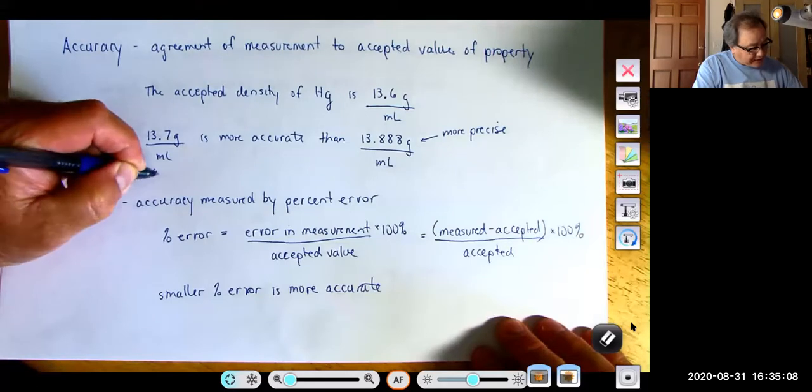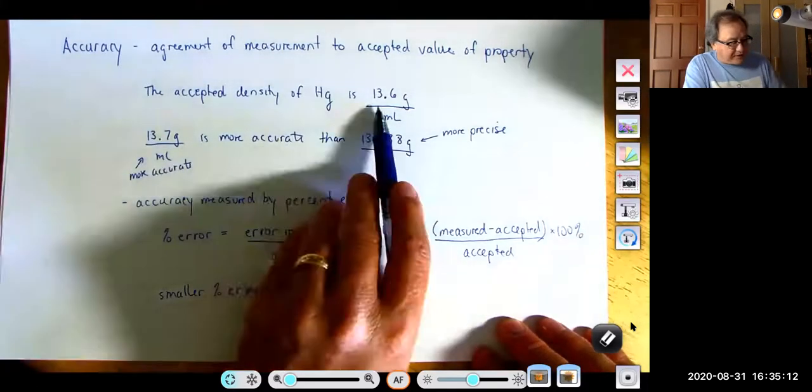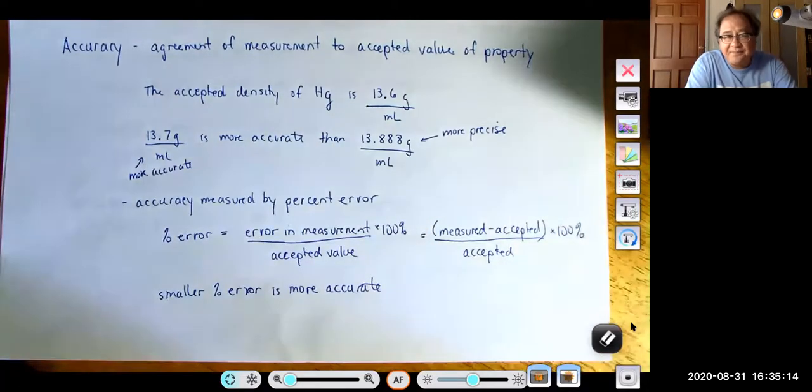It doesn't take a lot of work to see that this value is closer to 13.6 than 13.888 is. However, this value is more precise because we know a number farther to the right. So you don't want to confuse accuracy with precision. Precision just means how well you know a number, but it doesn't mean whether it's right or not. Accurate is how well it matches the accepted value.